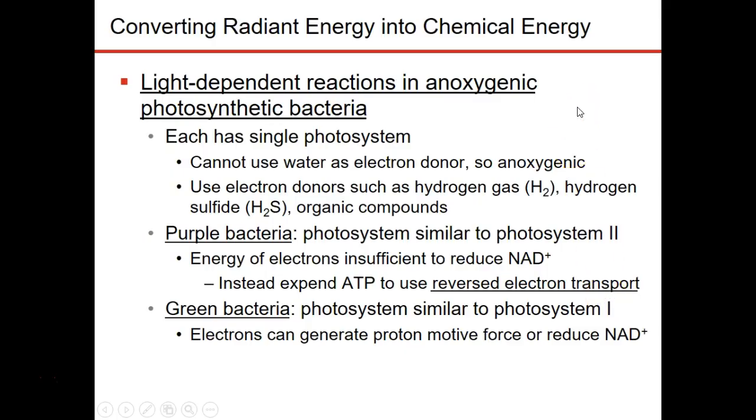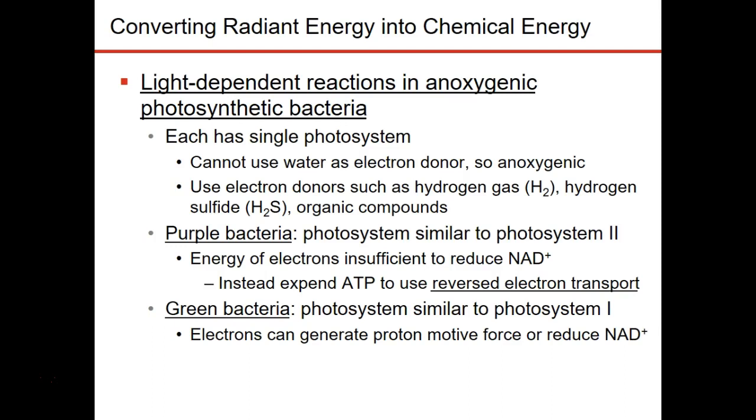So in anoxygenic or anaerobic organisms, they're not going to use water as the molecule that they split to gain electrons and hydrogens. They're going to use something else. Typically, they might use hydrogen sulfide, hydrogen gas, or nitrite, anything that they can gain hydrogens from.